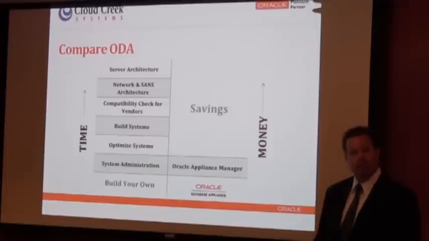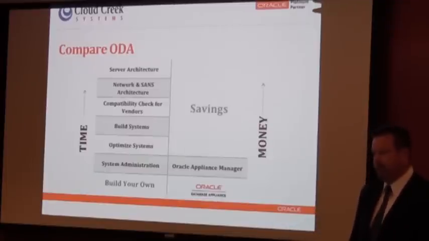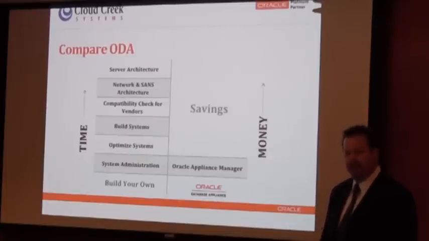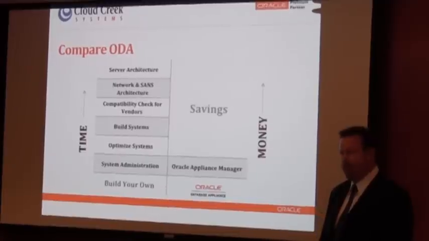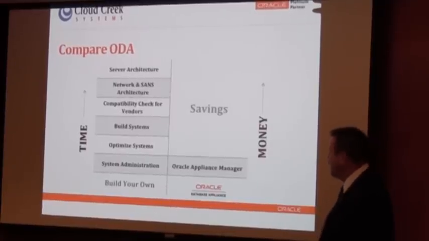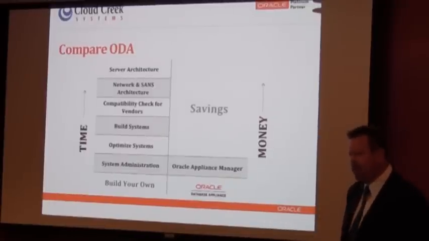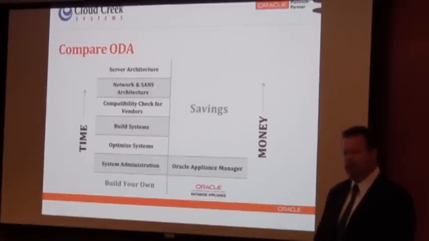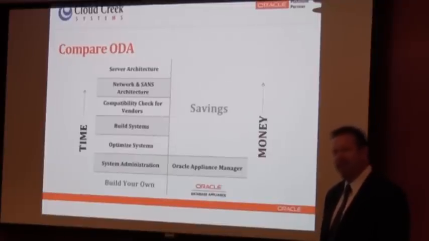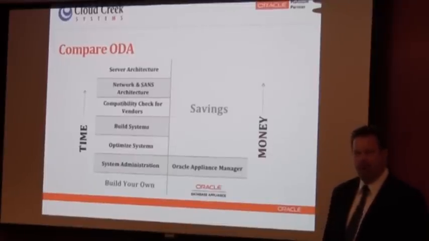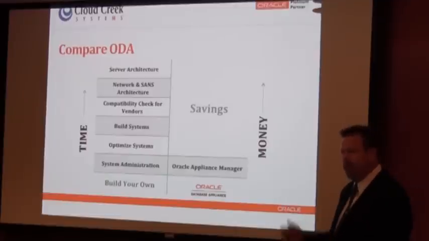You're going to have to do some networking and SAN analysis also. And then you're going to have to get multiple quotes from SAN vendors and check the compatibility between these. You're going to have to build the systems yourself, meaning rack and stack and connect them together. You're going to have to make sure all the drivers and everything will work. And you're going to have to make sure the drivers are compatible with Oracle software.